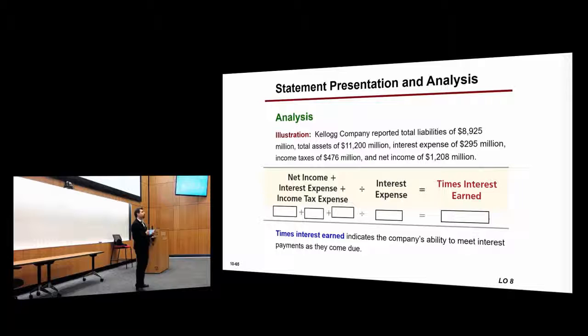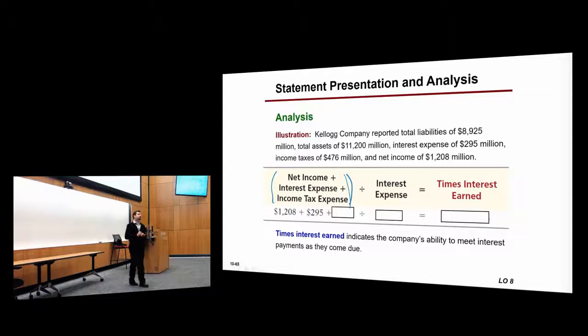Times interest earned is to look at the company's ability to pay their interest expense, basically to pay the interest that they are supposed to pay due to their loans and stuff like that. So in this case, you divide net income plus interest expense plus income tax expense. Okay?